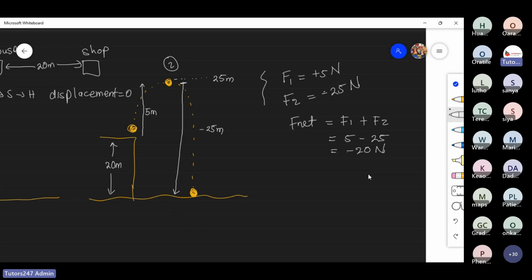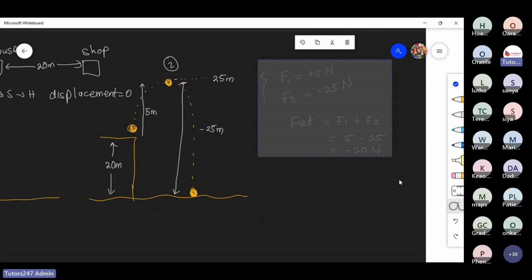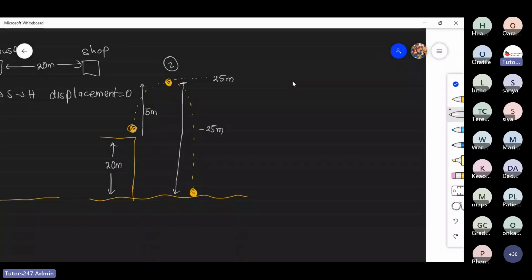Now let us take that exact same understanding and apply it to displacement, which is a vector just as force is a vector. So if we have displacement 1, that's equal to positive 5 meters. We then have displacement 2, which is equal to negative 25 meters.